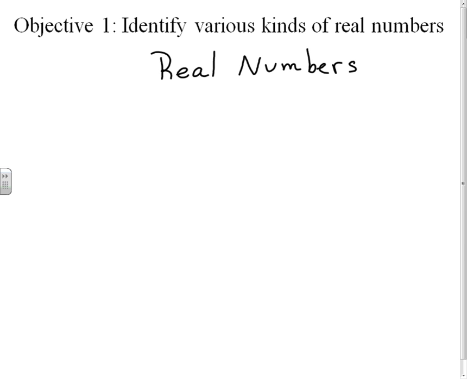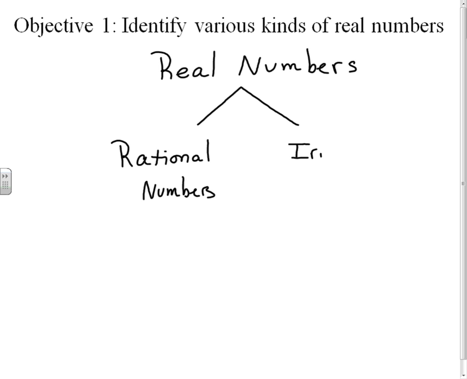Now, from the set of real numbers, we can break this set up into two subsets. First, the set of rational numbers, and I'm going to deal with this set first, and then the set of irrational numbers.